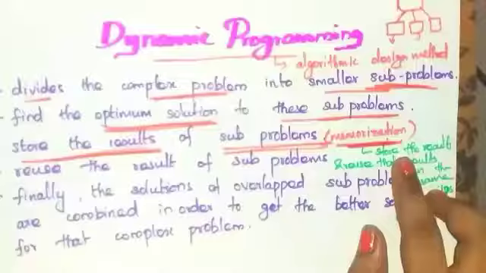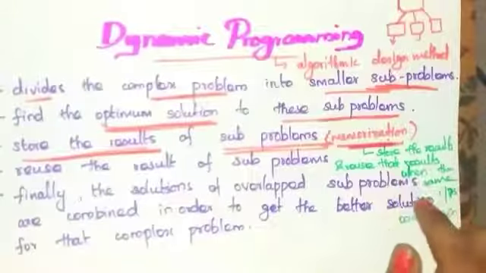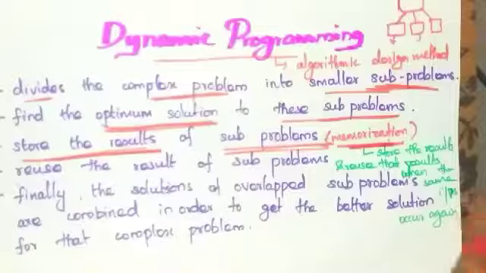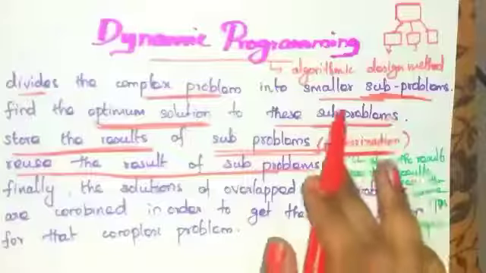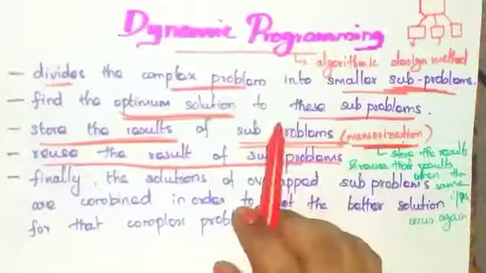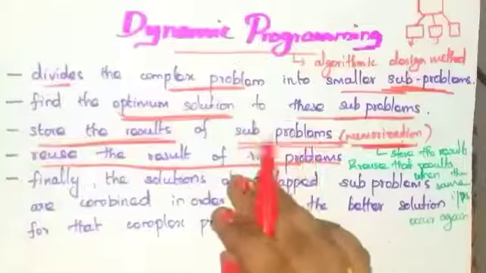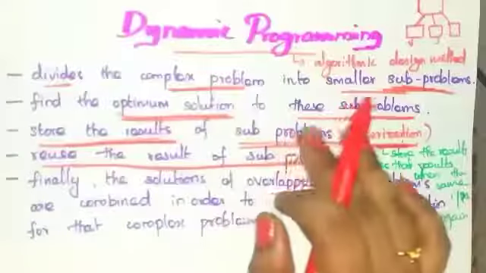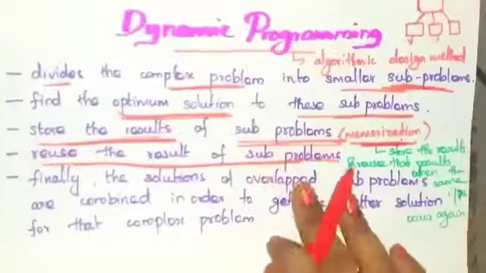It is used to store the results of subproblems and reuse those results when the same inputs occur again and again. Why are we reusing the results of subproblems? Because if the same subproblem comes again and again, you can take out the results of that subproblem and reuse that.